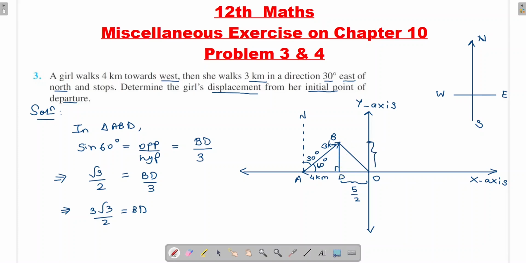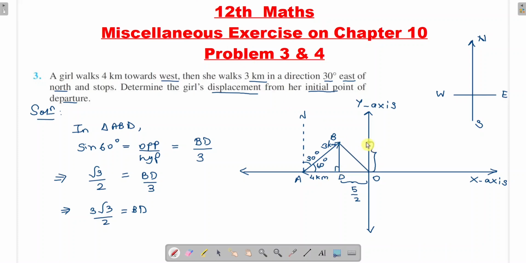That means this distance on the y axis, because we can draw a parallel line to this x axis from here. If we find this distance, that is equal to this distance. We don't need to draw this parallel line.